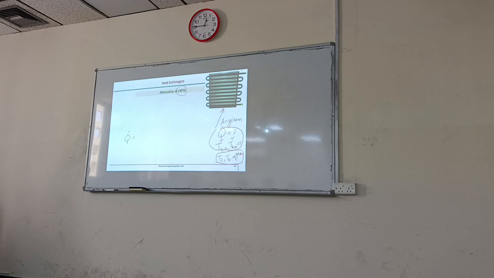Because if we use the same UA delta T LM method, where the area is given, but here again you have these two unknowns. So you will assume, you will solve it for Q dot, and then you will put Q dot equal to M dot H CPH delta T of the hot fluid.